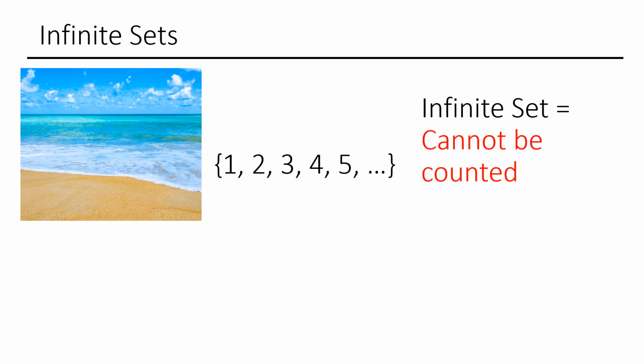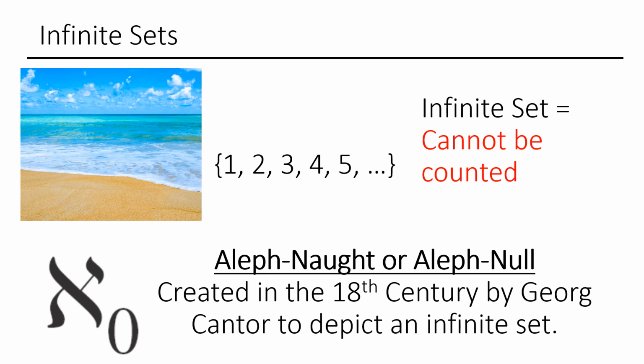Well, it turns out that all of the number systems that we learned about in a previous section, your natural numbers, your integers, your real numbers, your whole numbers, all of those are considered to be infinite sets. So this funny looking symbol right here is called aleph naught or aleph null.